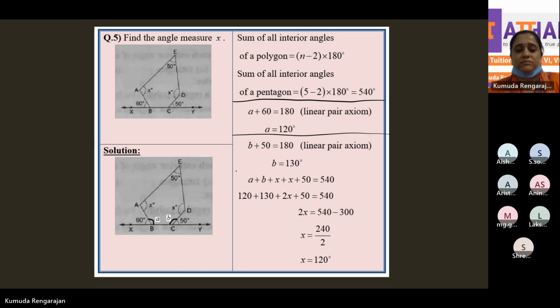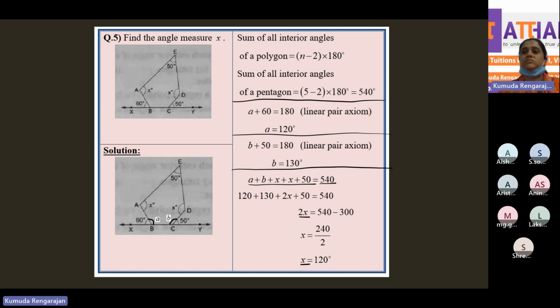So you will get 2x and x is equal to 120 degrees.